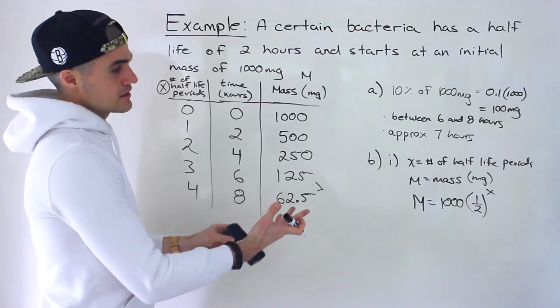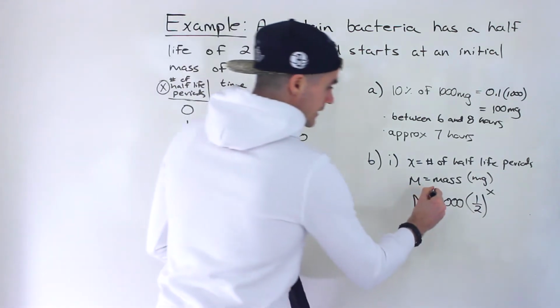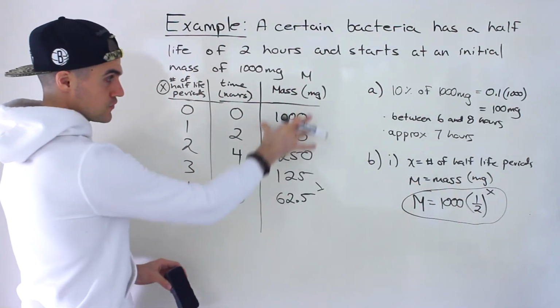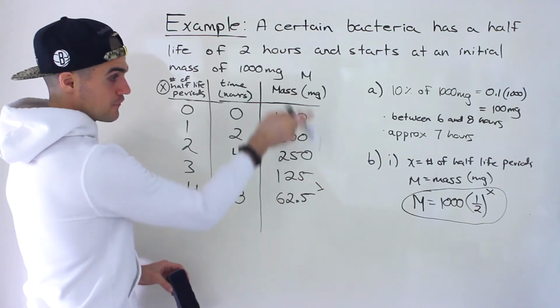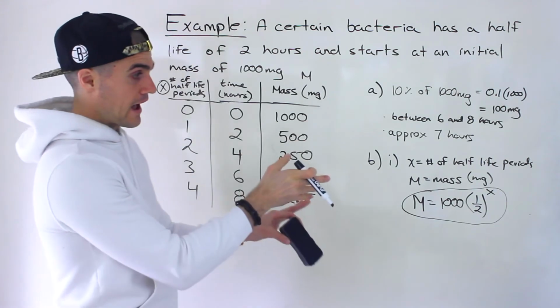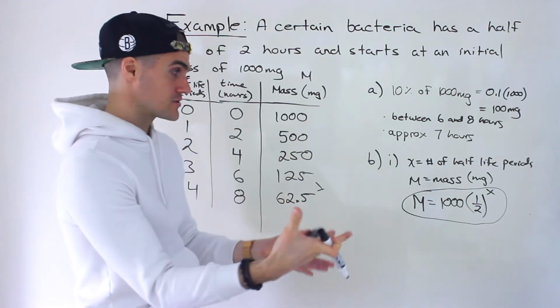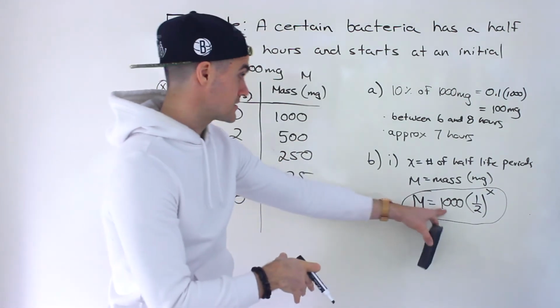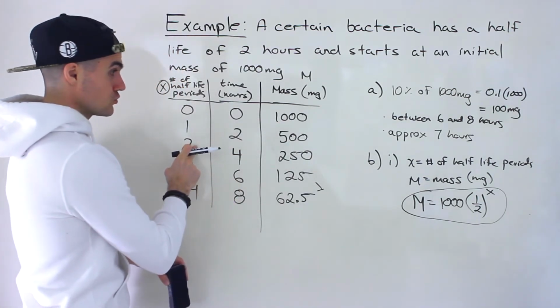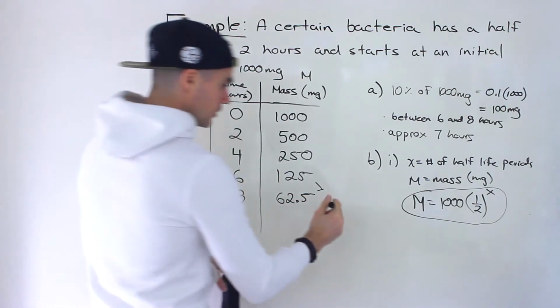And then you could test it as well. We can take this equation, plug in these x values and see if we get these corresponding m values. If we plug in 0 for x, 1/2 to the power of 0, and anything to the power of 0 is just 1, times 1,000 gives us 1,000. What if we plug in 2 for x?